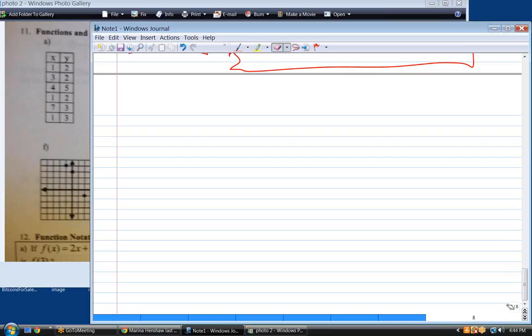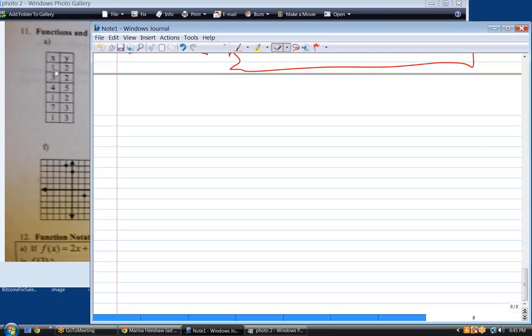No, this one right here. Is there a value of x that gives two different values for y? Yeah, one does. In other words, this doesn't violate it. It's fine to have the same value of y for two different values of x.